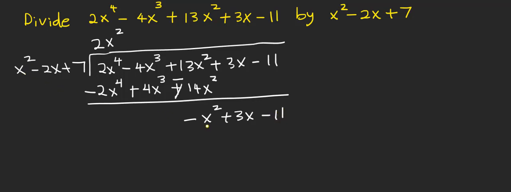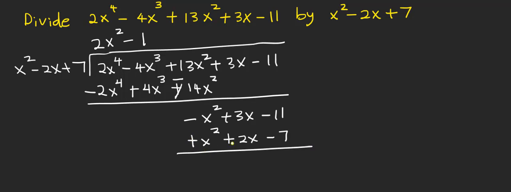And x squared goes into negative x squared negative 1 times. We get negative x squared plus 2x minus 7. And changing the signs, you get positive, negative, positive. That cancels out. You get x minus 4.